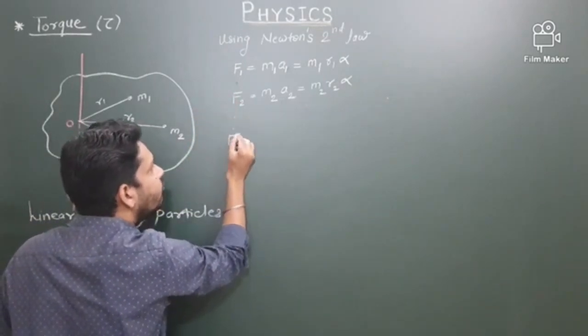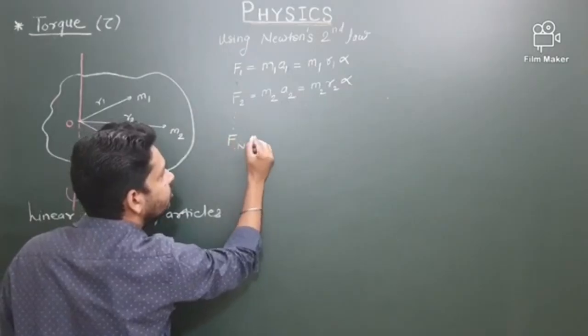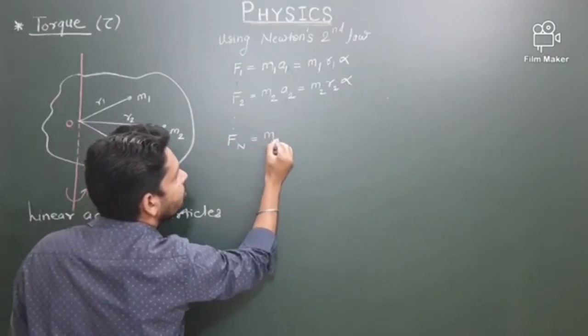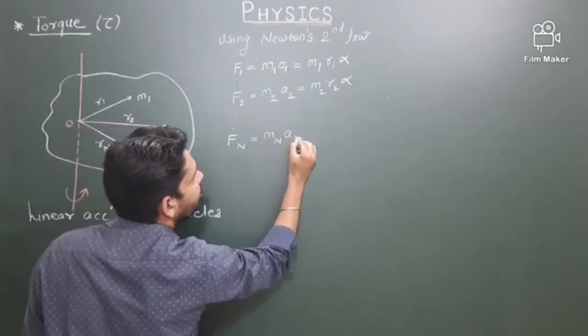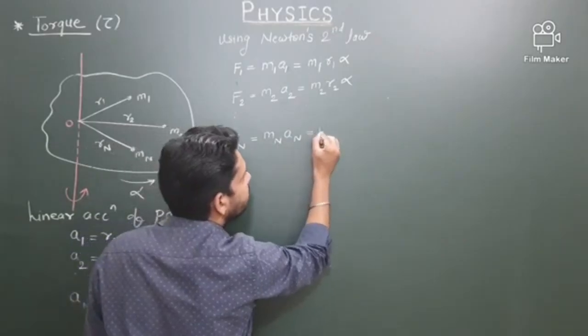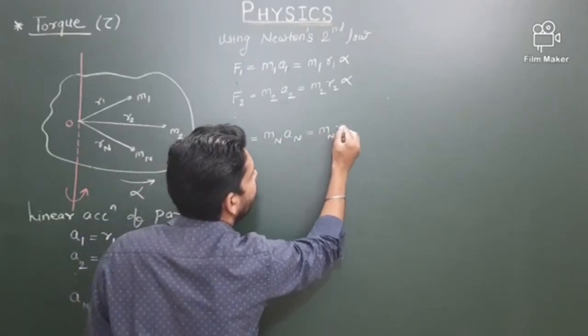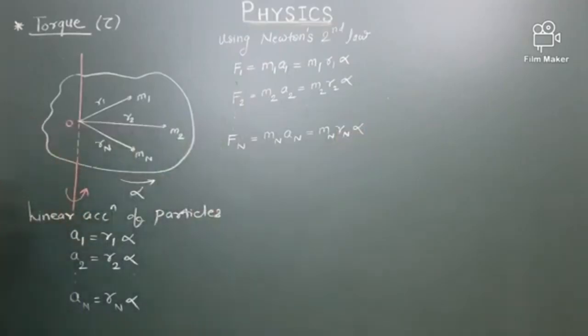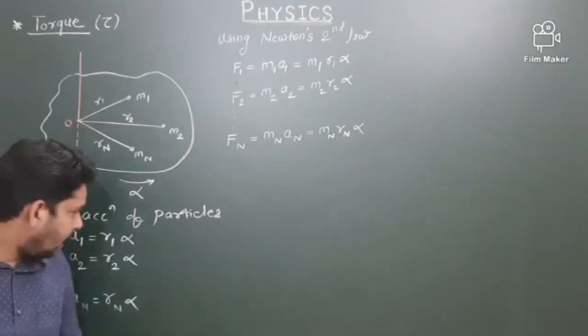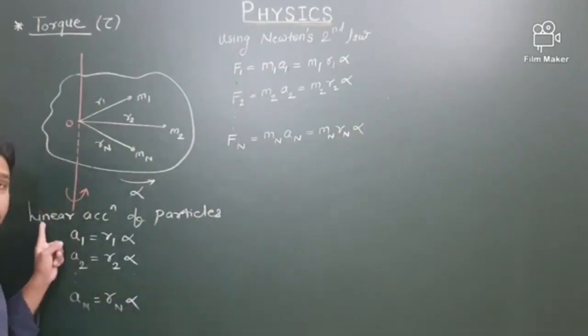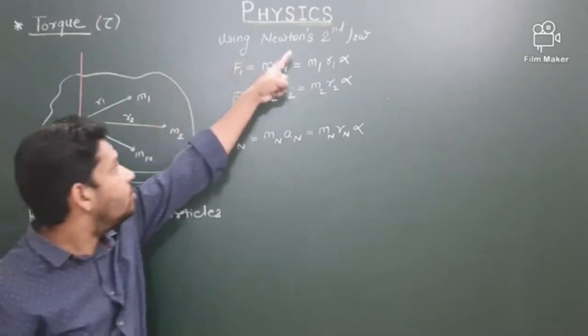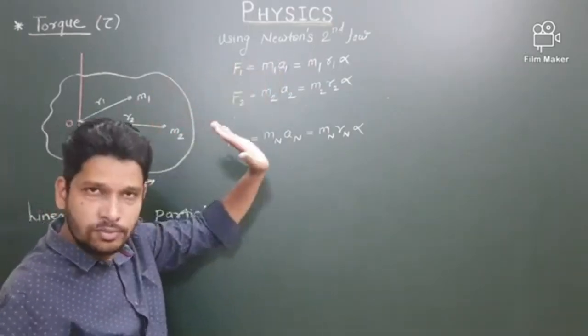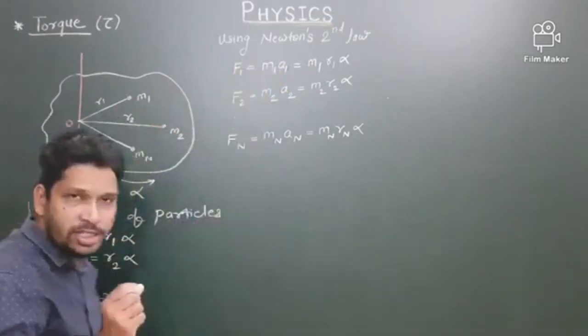You can write directly the force acting on the nth particle: Mn An, that is Mn Rn alpha. Notice where we started: linear acceleration, then using Newton's law, the force. So now we have the force on each particle.